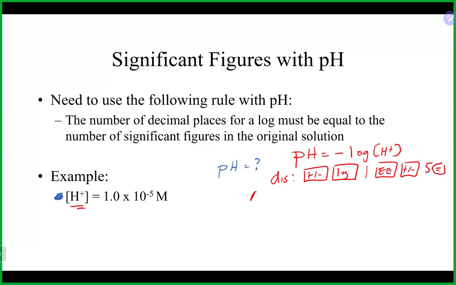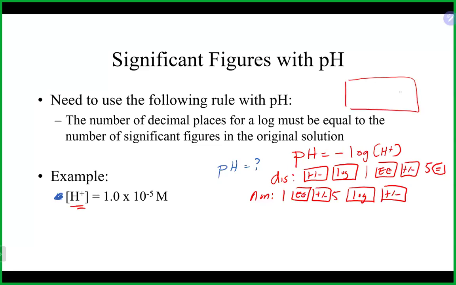If you have a non-display calculator, you're going to start with your 1, your exponent button, your negative button, your 5, then hit your log button, and then hit your negative button one more time. No matter which way you do that, staring at you on the screen should hopefully be a 5, on your calculator. And that is the pH of the solution.